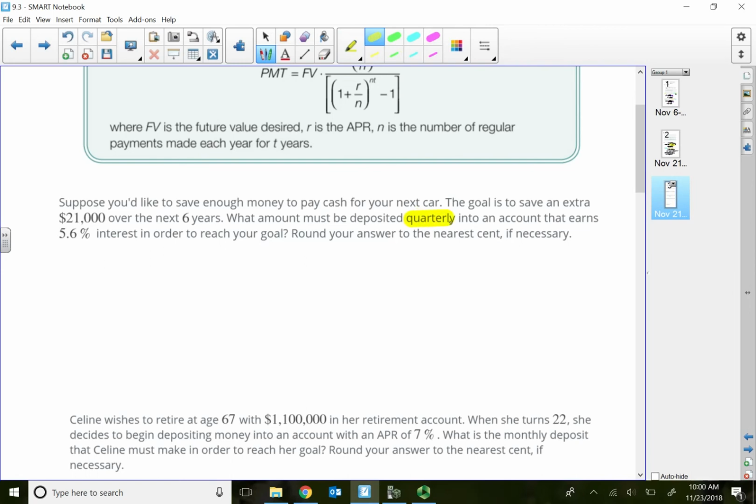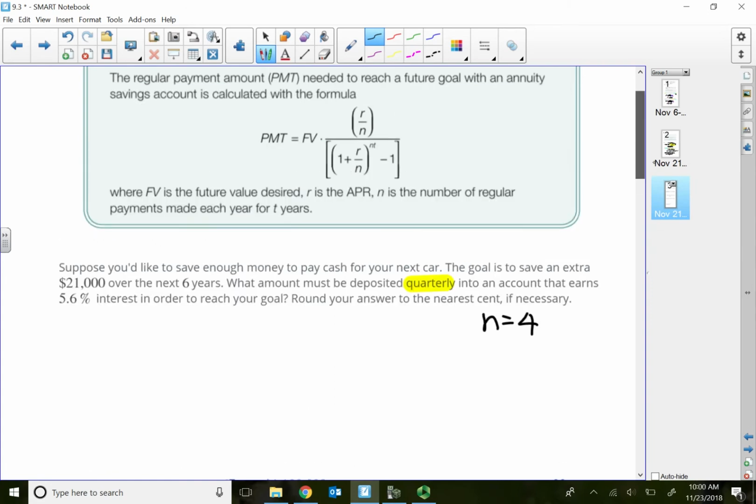So quarterly simply means my N is going to be 4. So that means I'm making a payment into this particular account 4 times in a year, earning 5.6% interest in order to reach your goal. So what's my quarterly payment? That's what this question is asking for.